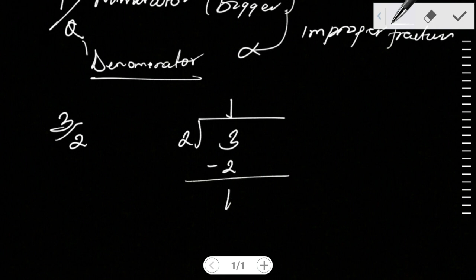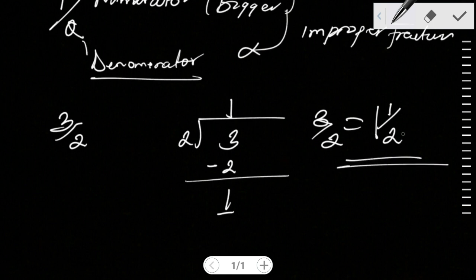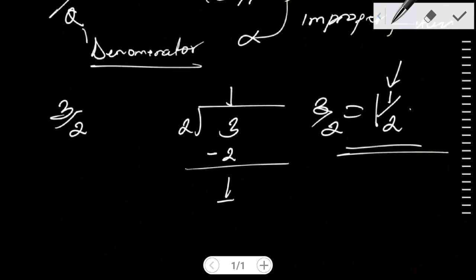Therefore, to write this as a mixed fraction, 3 over 2 would be equal to 1, the answer I've got, and the remainder, 1 all over 2. And this would be a mixed fraction. A mixed fraction is one that contains a whole number and a fraction. That's why it is called a mixed fraction.